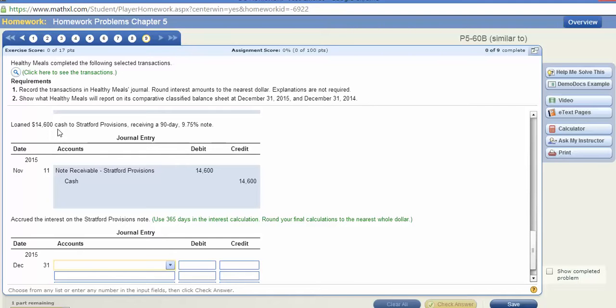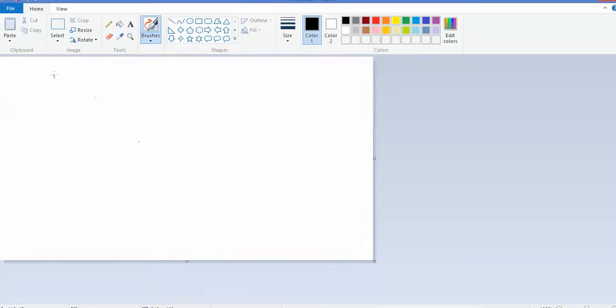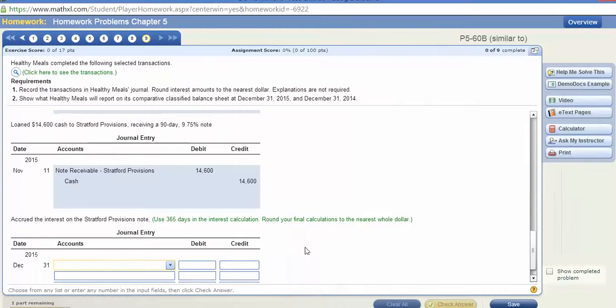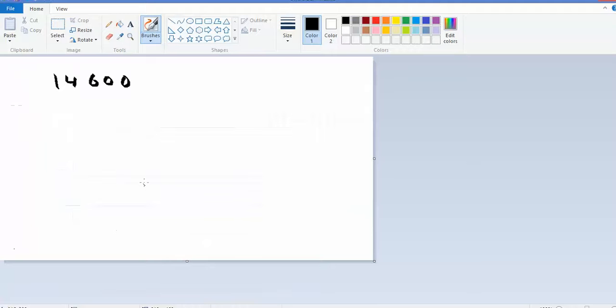So let's take 14,600 for 90 days. Excuse me, for an entire year. 14,600. Okay, and go ahead and calculate that for a year. This will make your life easier. And this is a note at 9.75 for 90 days.